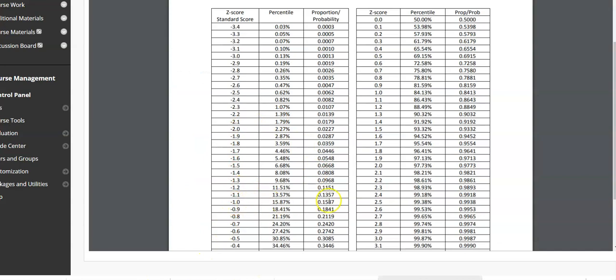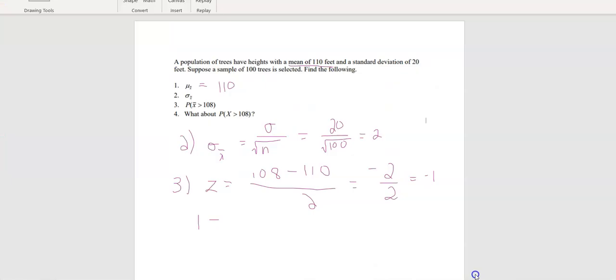Here it is, and that is 0.1587. And then we'll go ahead and subtract that from 1 to get the probability that X bar is greater than 108. So it's 0.8413.